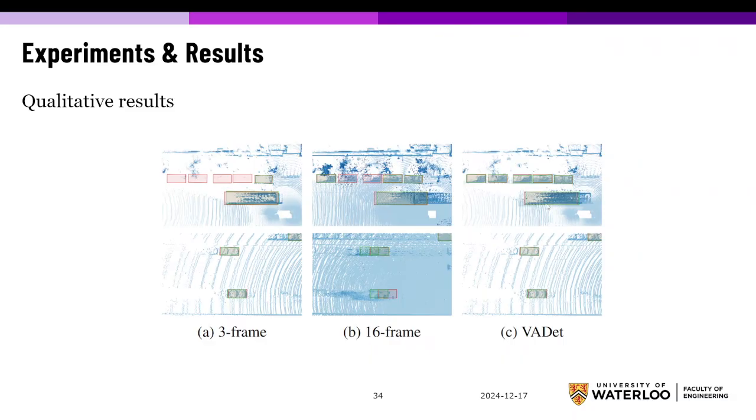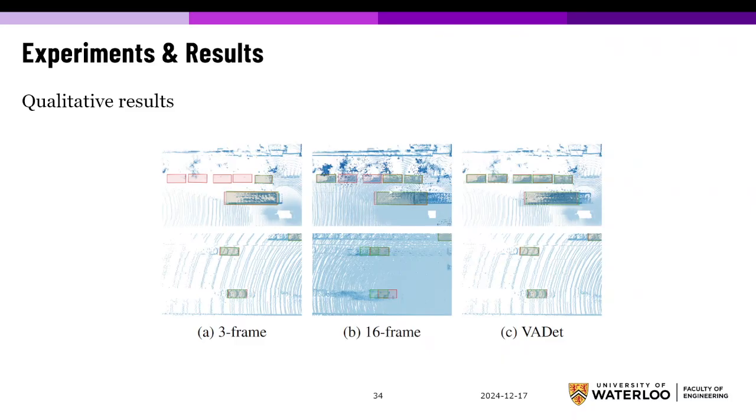Another benefit of VADet that we hypothesized could also benefit the detection performance is that we're not aggregating the background points. Some objects that are denser could become much easier to detect compared to if we aggregate everything at once. This can be seen by this example here where we have 2 stationary vehicles parked on the side.